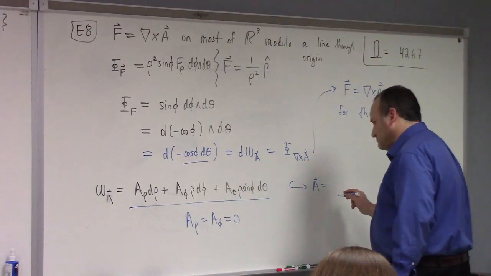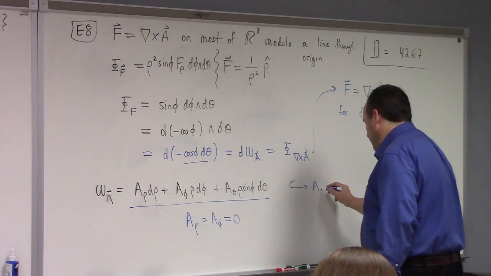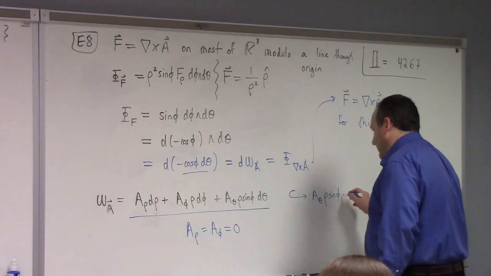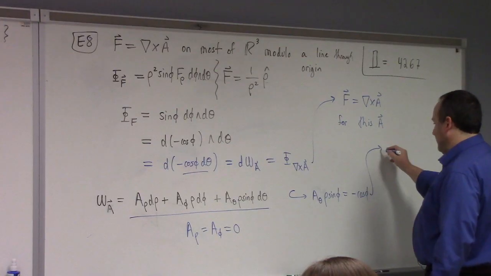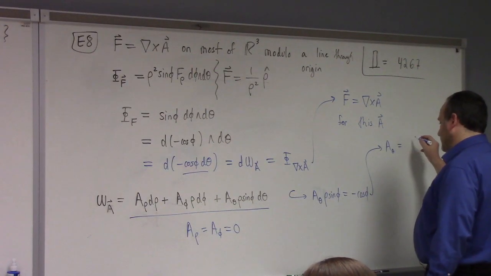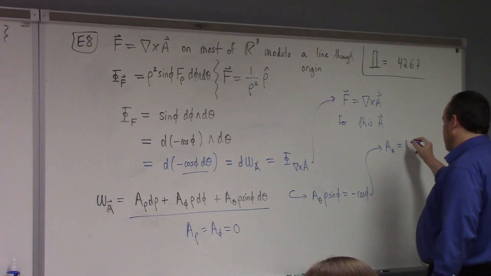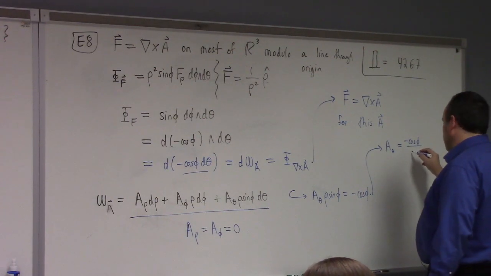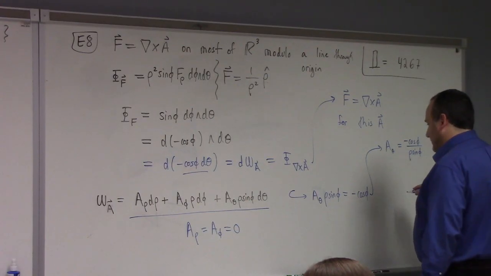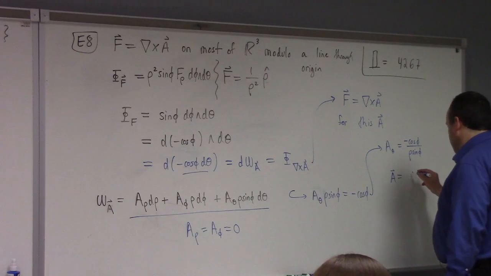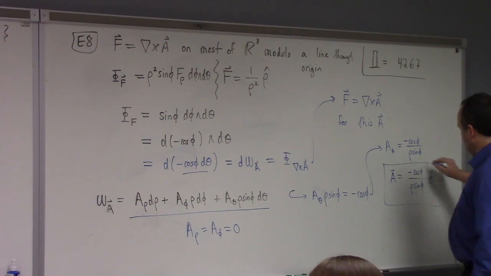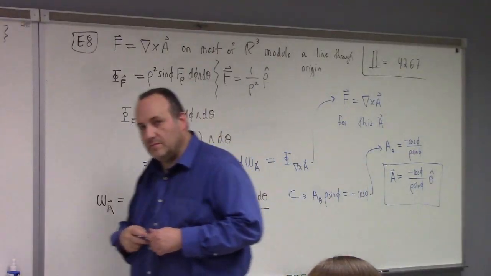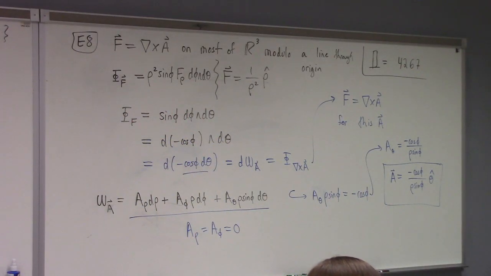And my A theta, well, I can see that A theta times rho sine phi is equal to minus cosine phi. So lo and behold, I get A theta is equal to minus cosine phi over rho sine phi. And so in short, A equals minus cosine phi over rho sine phi times theta hat, which is a vector potential whose curl gives you the Coulomb field.